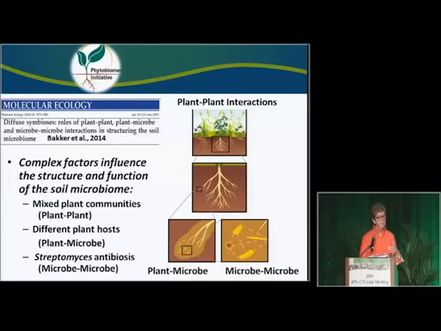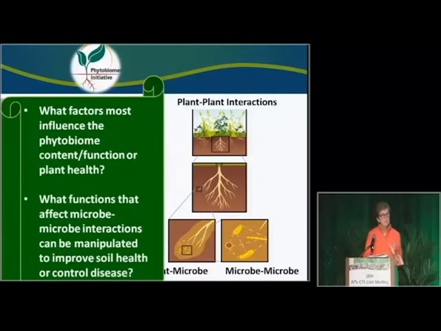And then they looked at the impact of a Streptomyces strain that produces a toxic antibiotic compound. So they were looking at what's the influence of that Streptomyces on that microbial community. While I won't go into the details of that paper, it's very exciting because they were able to show that at different levels, different, very complex factors influenced the phytobiome.